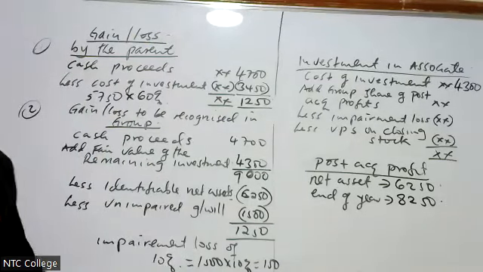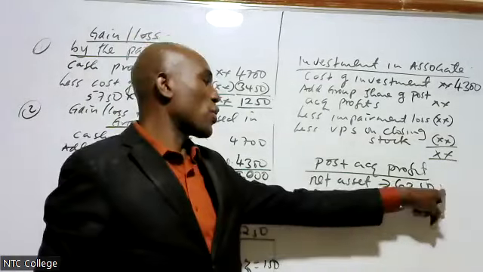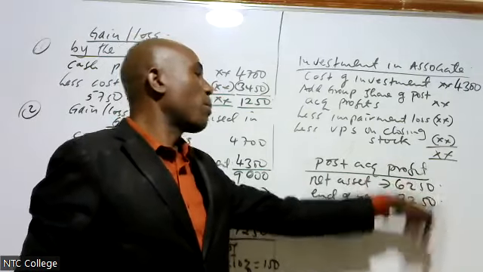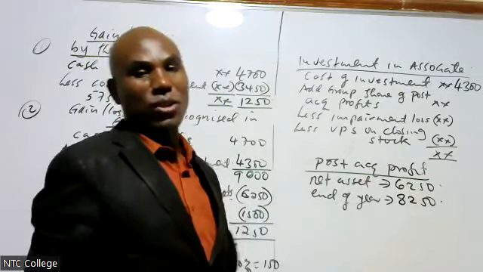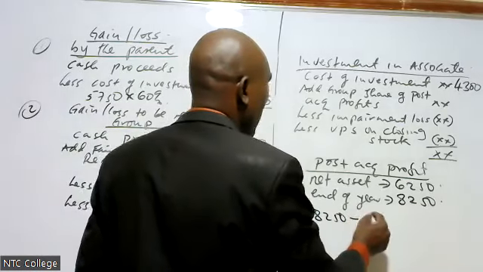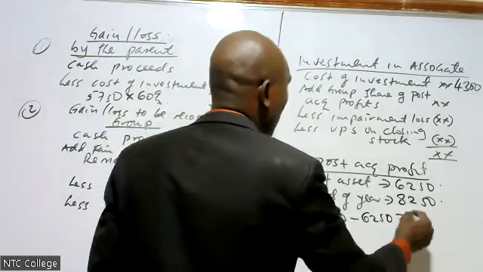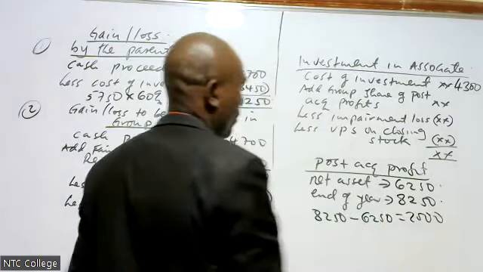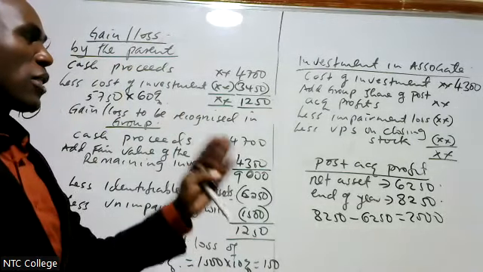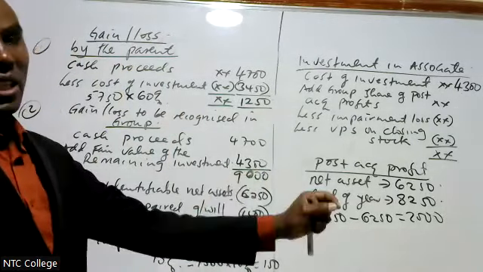Therefore, from the date of disposal to the balance sheet date, there was post-acquisition profit in that associate. I take 82.50 minus 62.50. I get 2,000. That 2,000 is what we are calling post-acquisition profit in the associate.